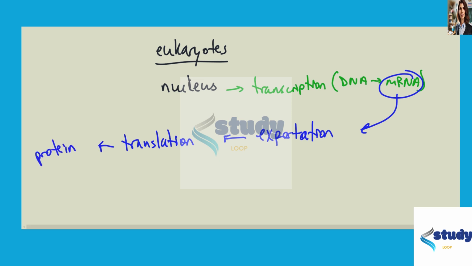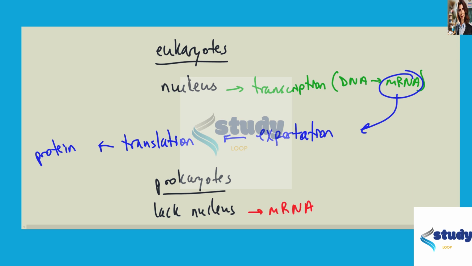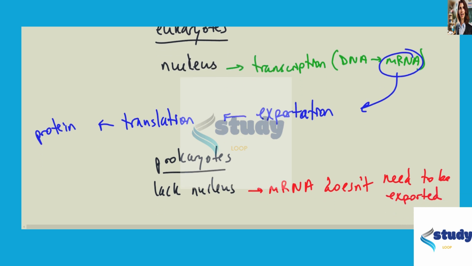And this step is absent in prokaryotes because they don't have a nucleus. So therefore, mRNA does not need to be exported. So this saves a step.